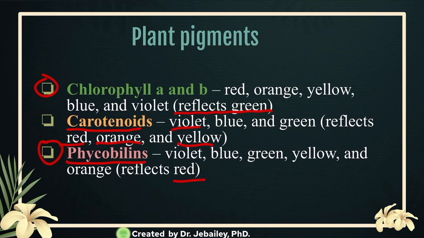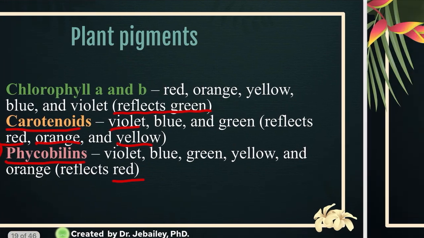So plants are always changing the amount of pigments. That's why you see the plant's leaf color changing depending on the season. It depends on how much pigment it has in its leaf. So these are three pigments that you must know, especially chlorophyll and carotenoids. These first two are the most important ones for IB.